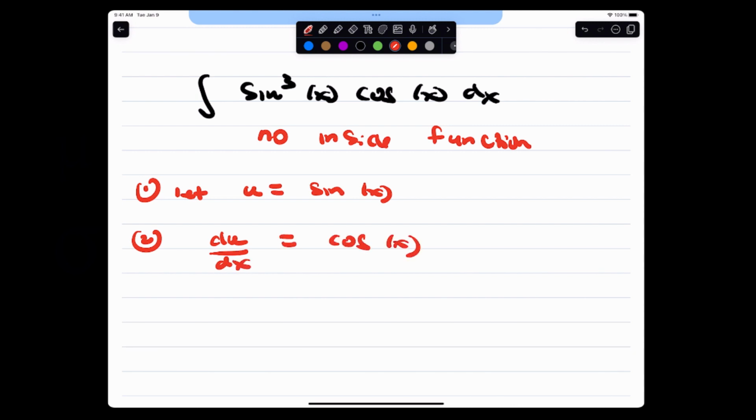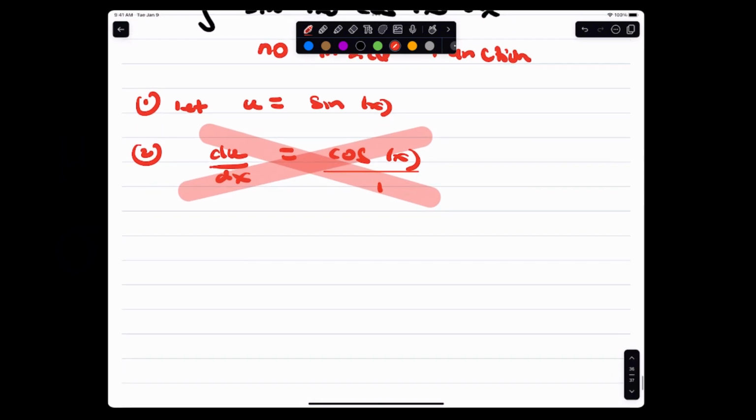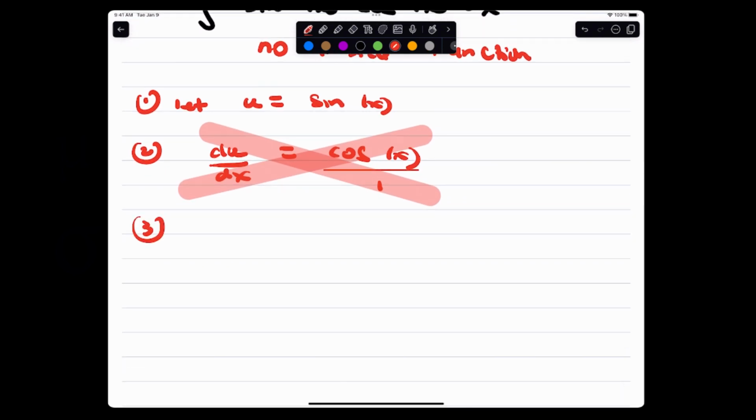Isn't that cosine? So that when you cross what? Multiply. Because you're solving for, in step 3, you're solving for dx. You get du equal to what?